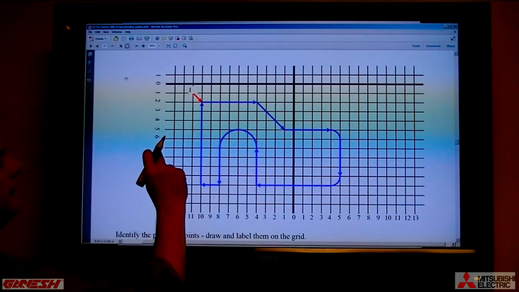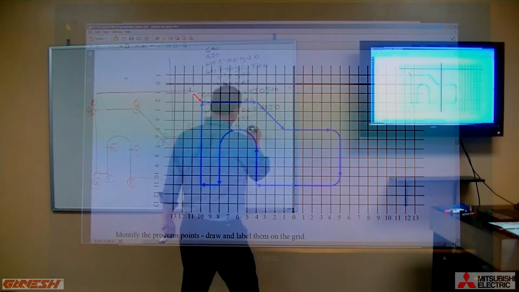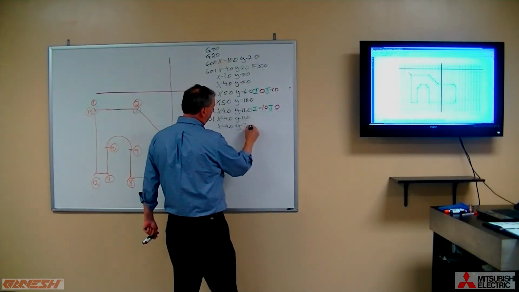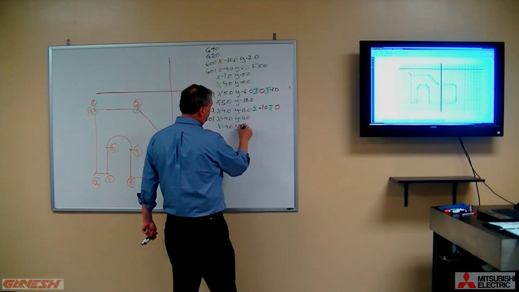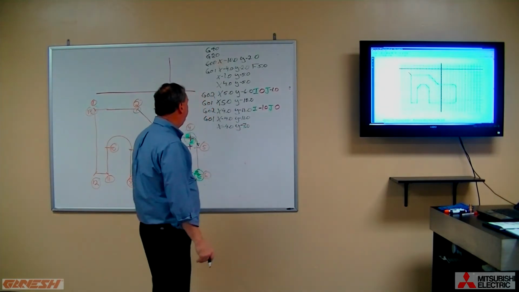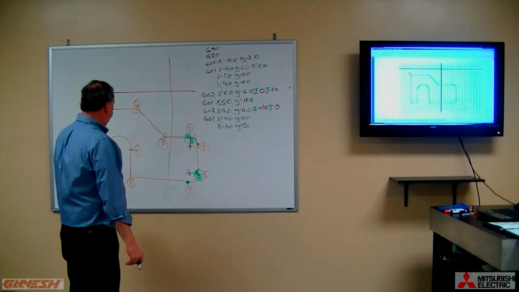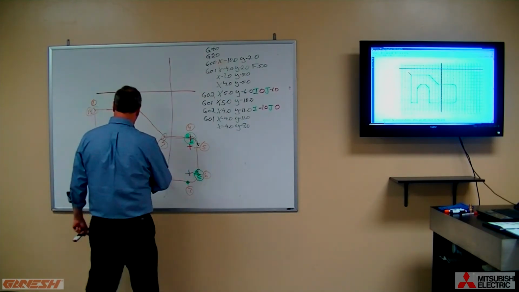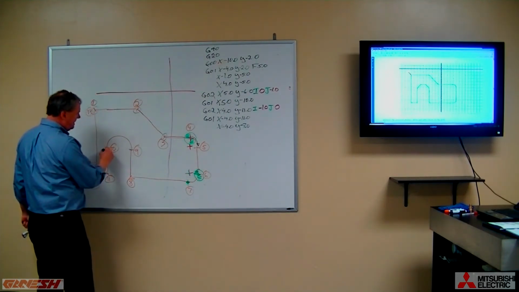There's our point. It's y minus 7. So we are now sitting on point number 9, and we want to go to point number 10.